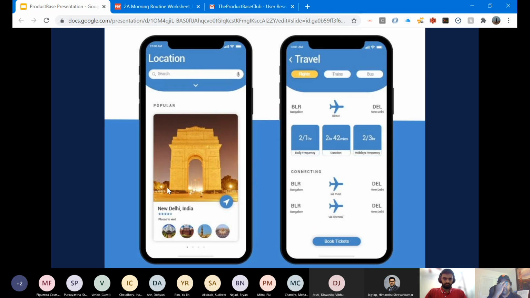Now let's take an example of a travel app. Essentially, you're trying to buy tickets to a specific place. Now, if I had to ask you how exactly would you buy a ticket from Paris to London using this UX, how would you do that?